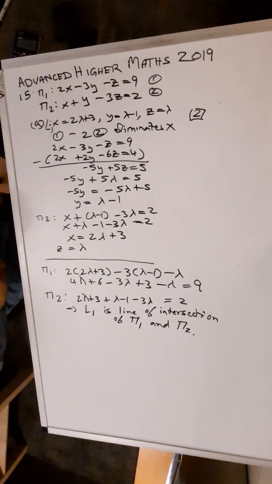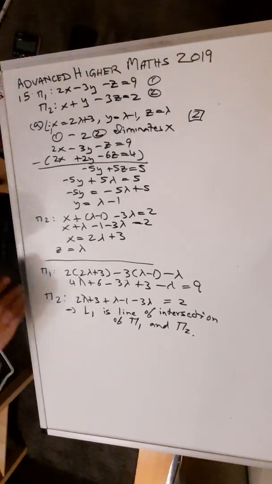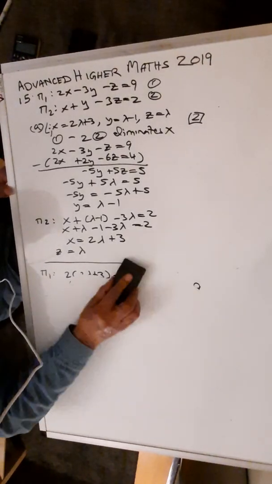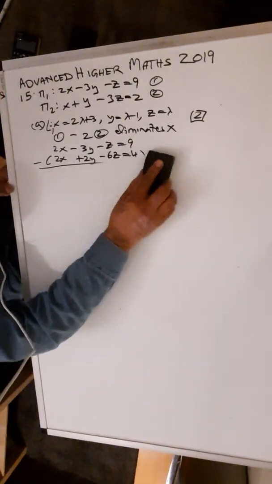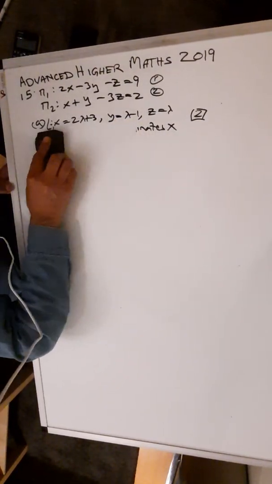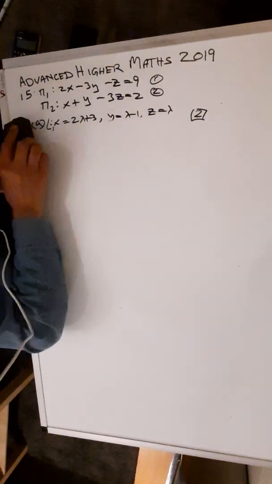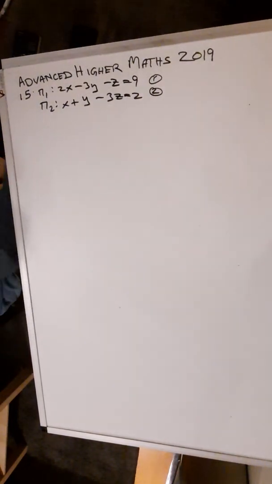So you could have done it this way. A bit easier than that, just substituting those x, y, z values into the plane equations. Right, so that's that. Now, part B.